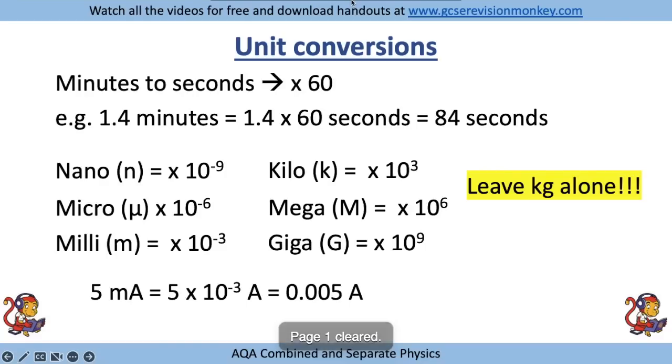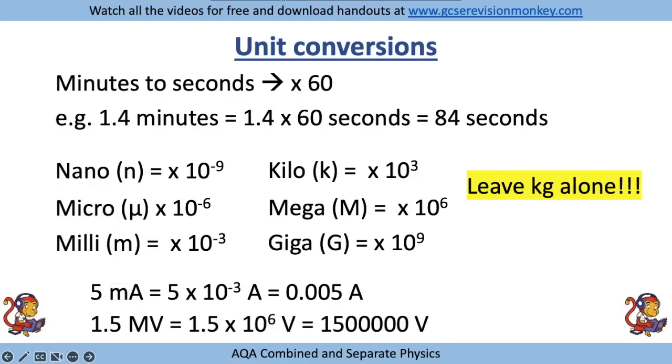So for example, if you saw 5 milliamps, then you must swap out that milli for times 10 to the minus 3, because that's what milli is. So you'd end up with 5 times 10 to the minus 3 amps, which is the same as 0.005 amps.